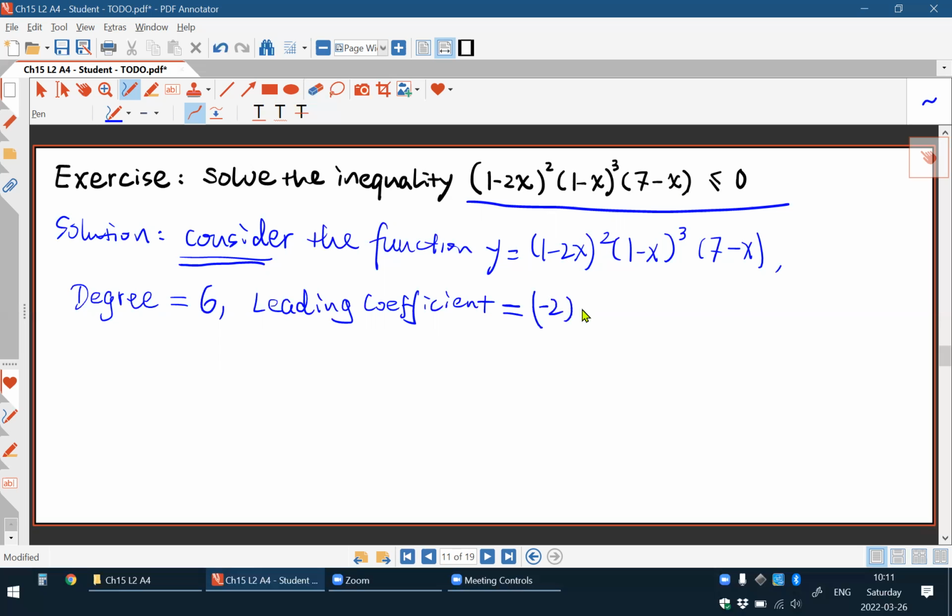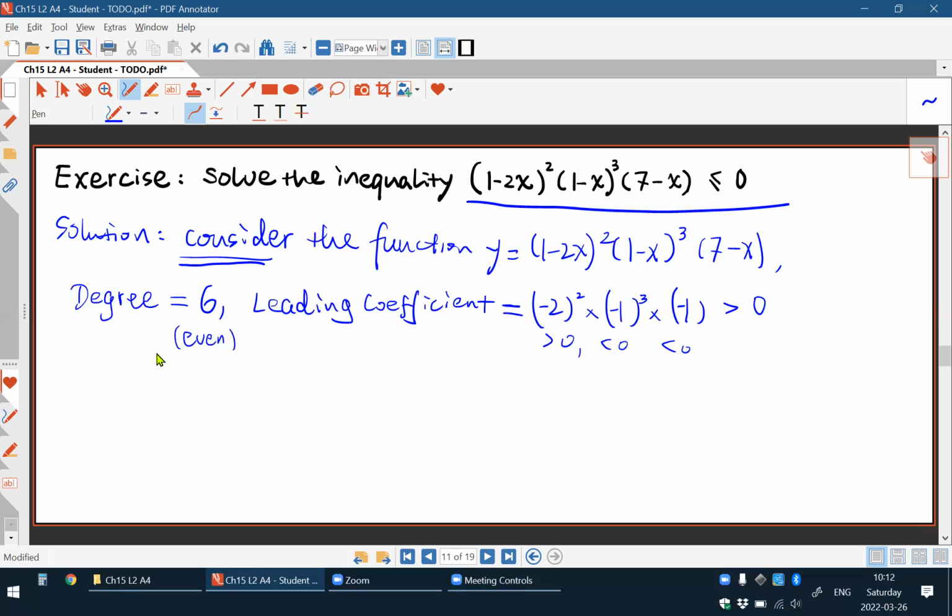So first of all, (-2) squared times (-1) cubed, right? Next one is just -1. And this is a positive number, negative number, negative number. So the product of these three numbers will be a positive number, right? Okay, it's positive.